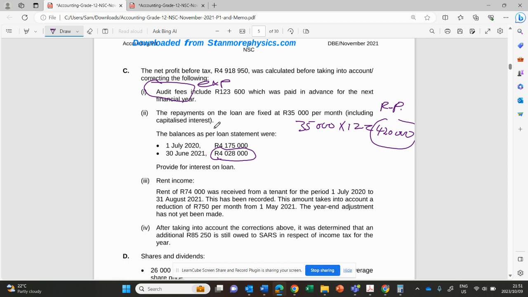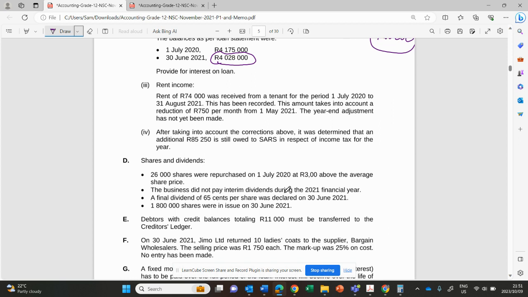Now there is a rent income there. They said the rent income of 74,000 was received from a tenant for the period of 1st August 2020 to 31 August 2021.